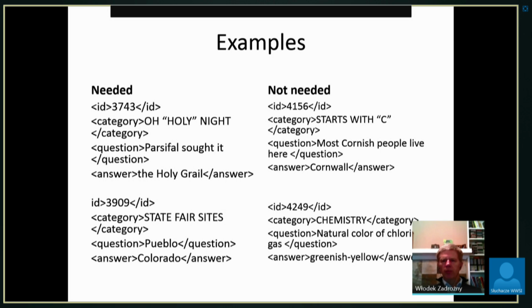So, most Cornish people live here does have an answer in Bing. Cornwall appears in the first page of answers and short abstracts. And the natural color of chlorine gas also can be detected without knowing that this is about chemistry.